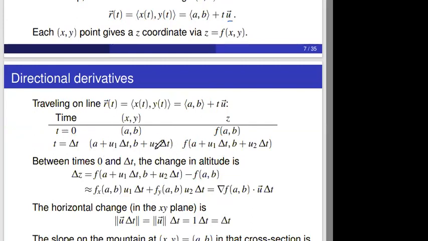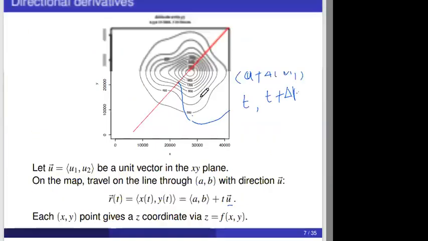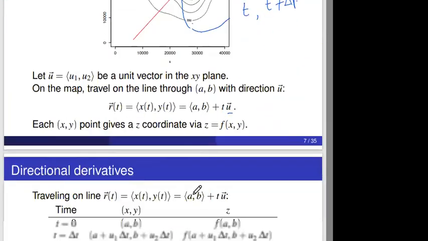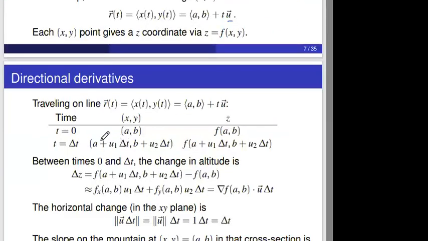So here you can see, if you consider a delta t change from here to there, the original position is P. If you consider a small change to this variable delta t, then x and y change in this way. The x coordinate changes to a plus u1 delta t, and the y coordinate changes to b plus u2 delta t.